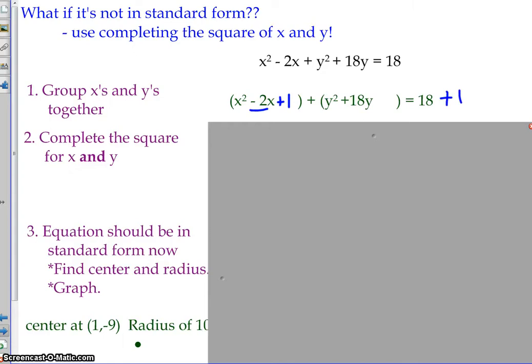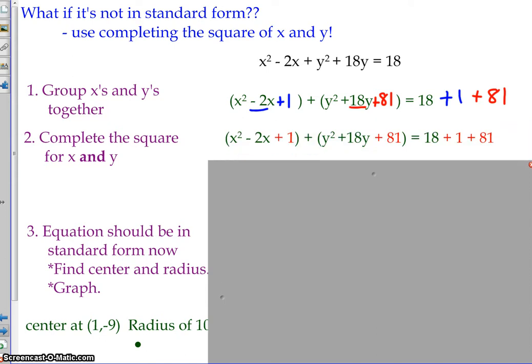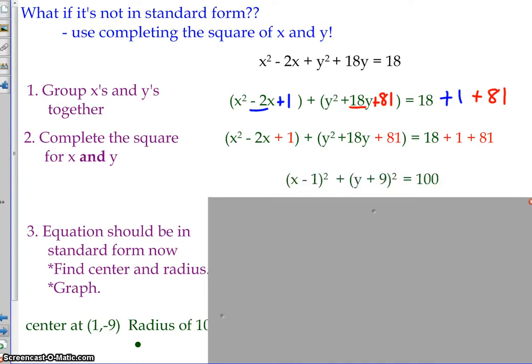Then I'm going to do the same thing for the b in front of my y value. Half of 18 is 9. When I square it, I get 81, and I'm going to add 81 to both sides. That's what I did here, and I have them both in red. So you complete the square for both x and y, and then you write that equation down.